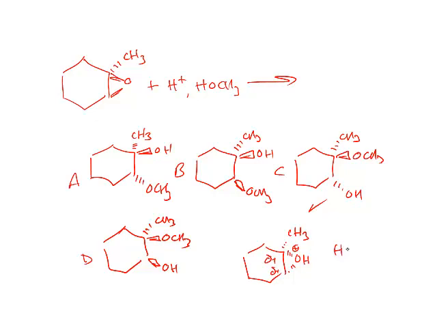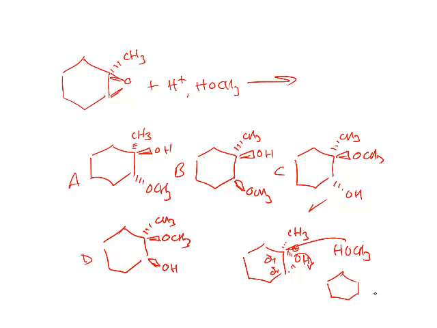Where does the alcohol now add? To the top carbon or the bottom carbon? Well, C is the correct answer. It's got to add to the top carbon. So the alcohol will add to the top carbon, then the OH will end up on the bottom carbon.